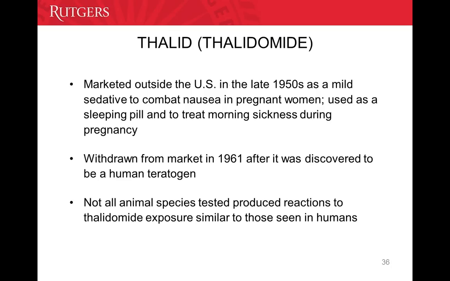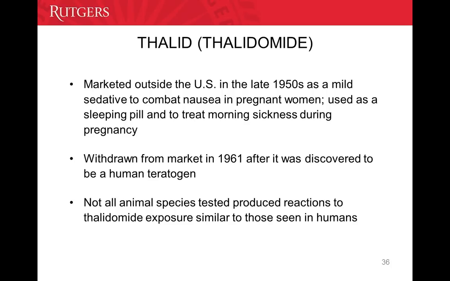A couple of chemicals have made their way into the market that have had some serious toxic effects. Thalidomide is one of the more famous ones, as many of you know. It was marketed outside the U.S. in the late 1950s, and it was used as a sedative to combat nausea in pregnant women, used as a sleeping pill, and used to treat morning sickness during pregnancy.